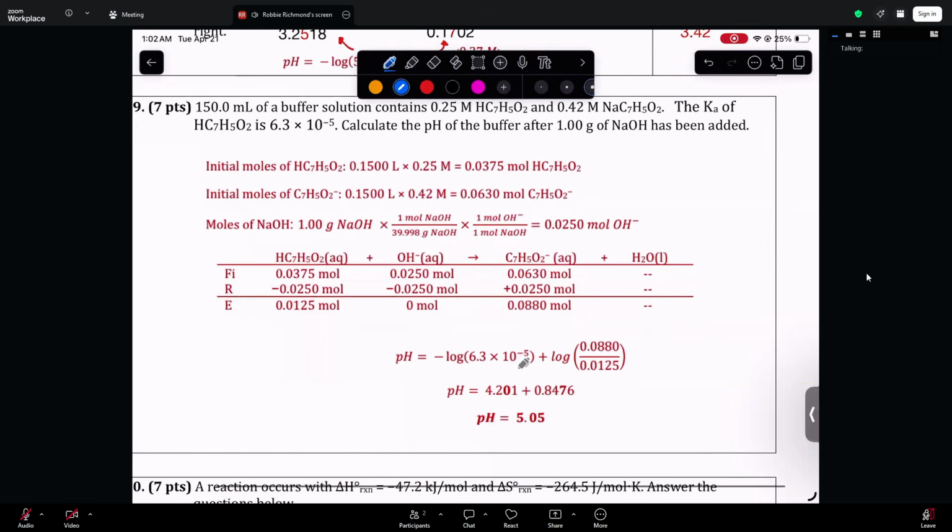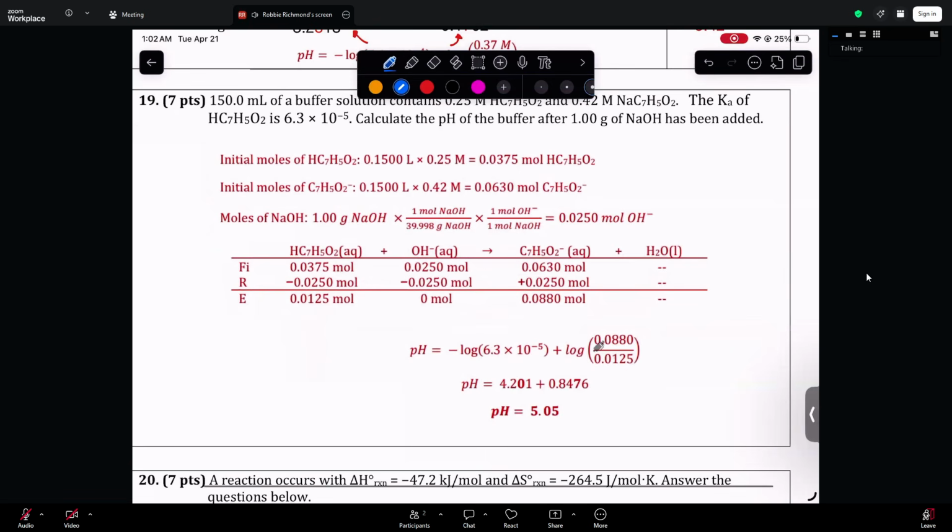So putting values in, plugging them in, you'll get 4.201, where the 0 is the significance because this is 2, and 0.847, where the significance ends at the thousandths place because there's 3 sig figs for this value, so it'll be 3 places after the decimal point.